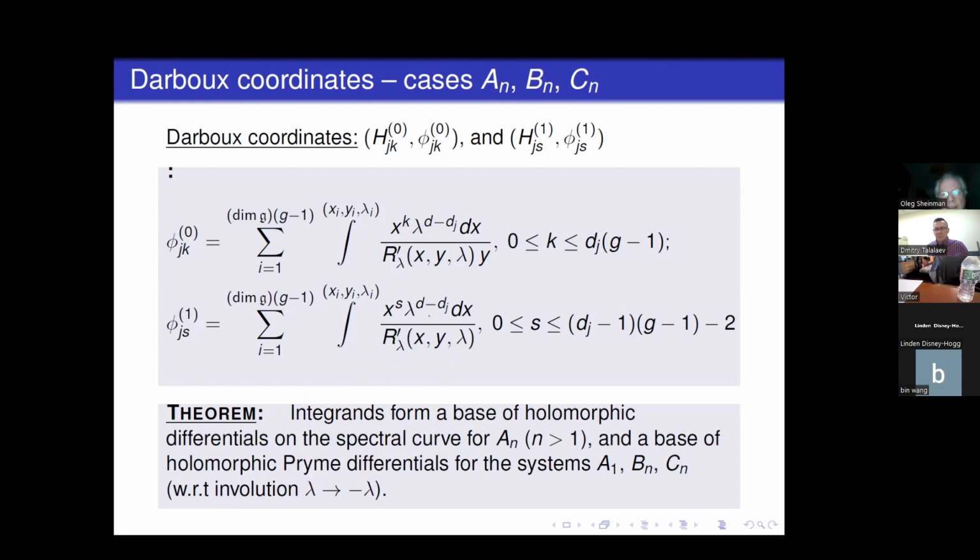And Prym is taken with respect to this involution on the spectral curve. The point is that for simple groups, the equation of the spectral curve contains only even powers of lambda.